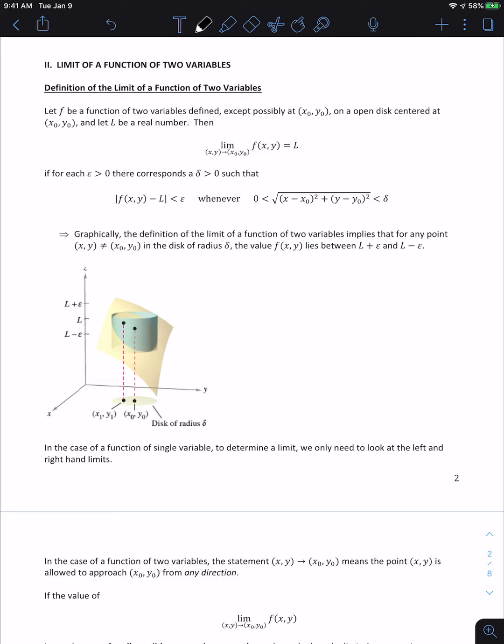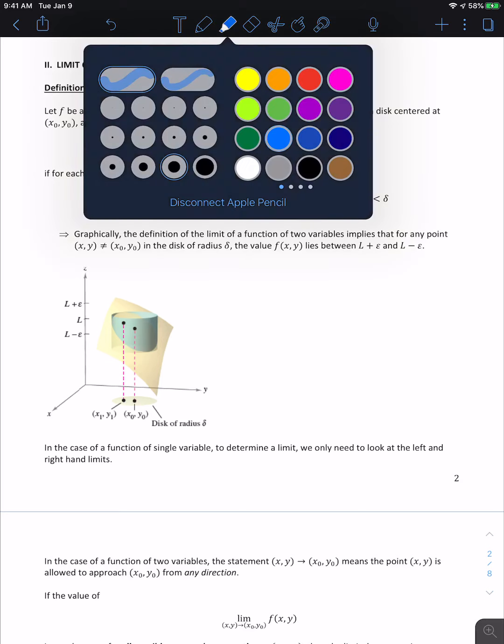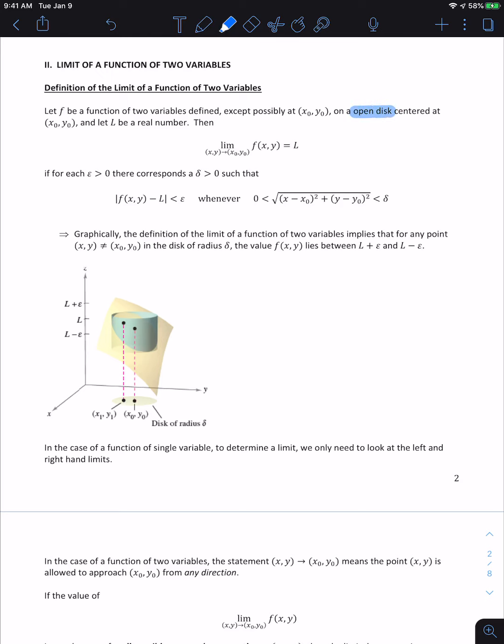Let f be a function of two variables defined except possibly at the point (x naught, y naught) and on an open disk centered at (x naught, y naught). This open disk is a delta neighborhood centered around (x naught, y naught). Again, we plug values in that delta neighborhood into our function of two variables f, and we get our outputs.